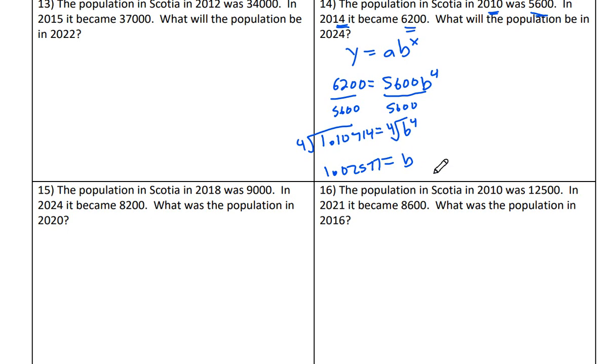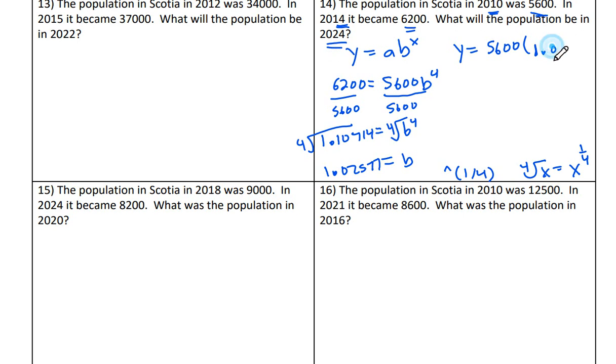If your calculator doesn't do the fourth root, you can do caret, parentheses 1/4, like that. That's basically switching it to an exponential, so you need to remember that the fourth root of x is the same thing as saying to the 1/4 power. Okay, I'm not done. This gives me the rate in order to solve the problem, so I want to know the population. Again, I'm starting at 5,600. I want to know the population in year 2024.